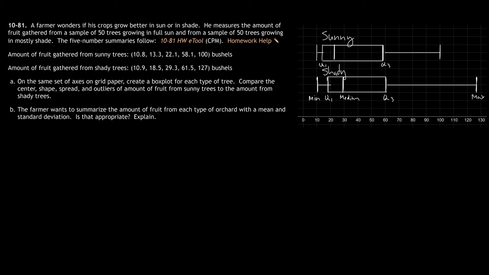The tail, the short side, is pulled off to the right. So because these are both skewed distributions, I would say it would not be a good idea to use the standard deviation. In the case of a skewed distribution, we should use the median and the IQR, the interquartile range.